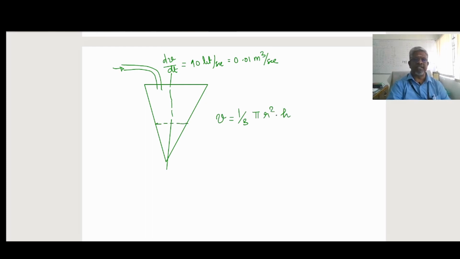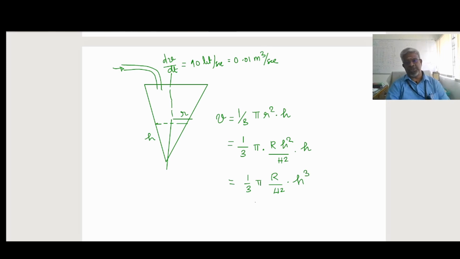But here, suppose h is the height at that point and r is what we already know. So r can be replaced by r by H into h, squared, into h, which equals 1 by 3 pi r by H square into h cube.